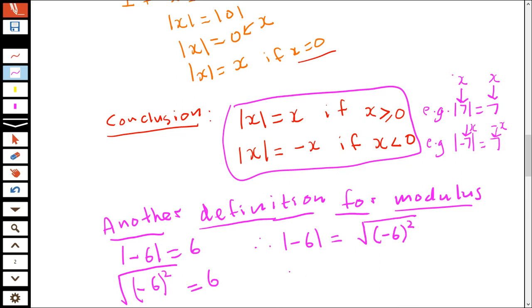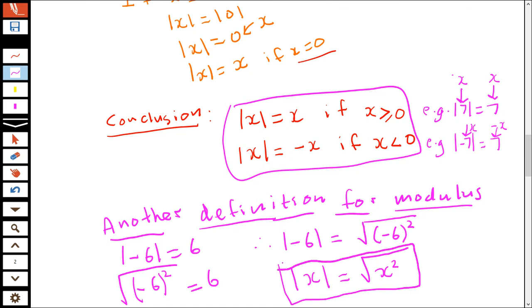Yep, and that means I can say the absolute value of any number is equal to the square root of that number squared. So that here is my alternative definition for absolute value. This is the one we use 99% of the time, but sometimes this becomes useful.